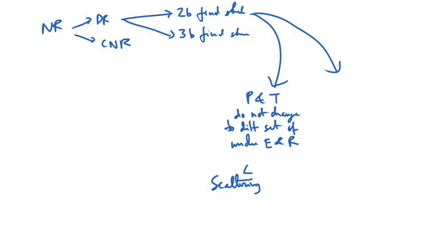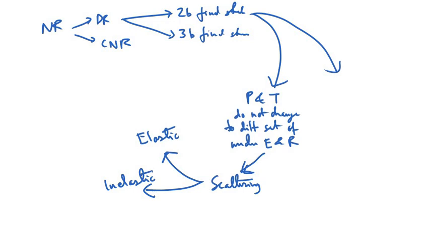Now again, scattering can be of two types: elastic scattering as well as inelastic scattering.